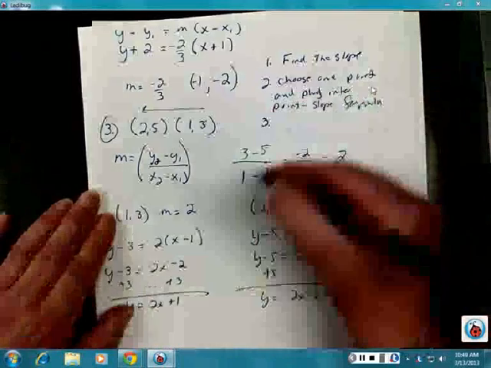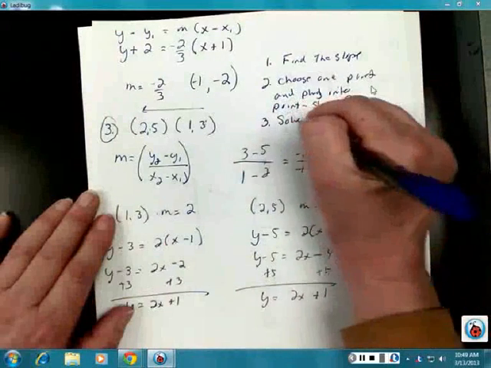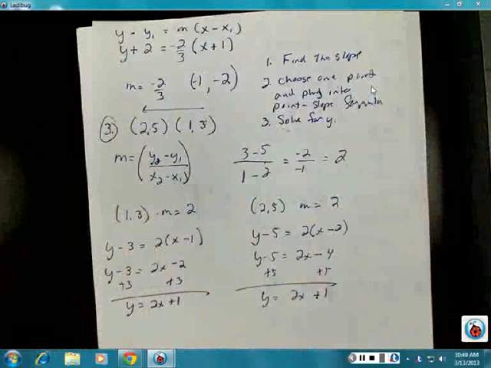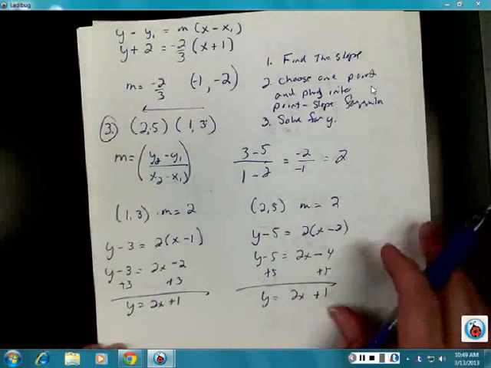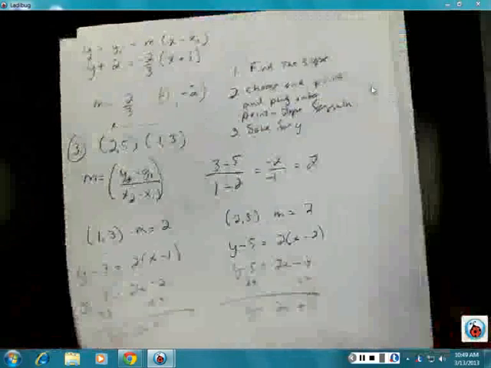And step 3 is solve for y. And you'll be done. Okay? Not bad on these, just a few steps, a few pieces you've got to do. So let's do some more of these so we get our points and our stuff done.